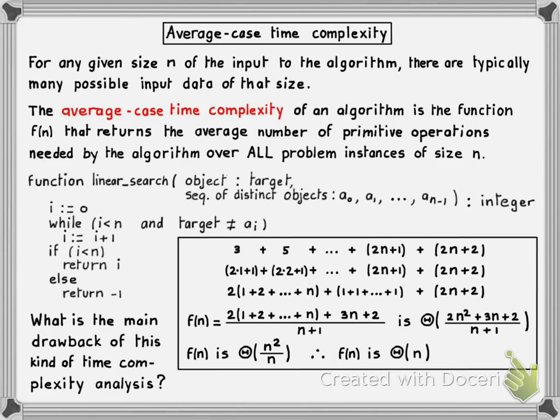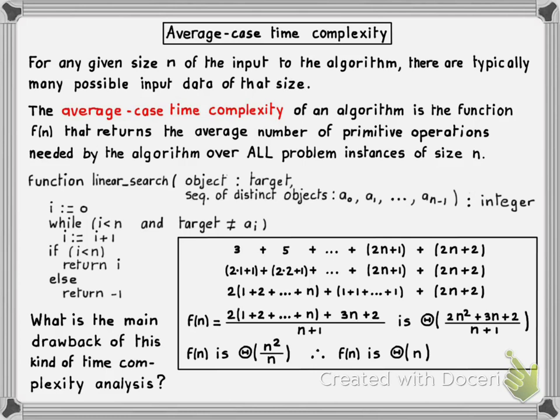But in reality, the possible inputs to the algorithm could be distributed in many different ways, where some cases are more likely than others. So the only way to perform such an analysis is either to know the distribution of the problem instances, or to make an arbitrary assumption if you don't know any better, like we did here.